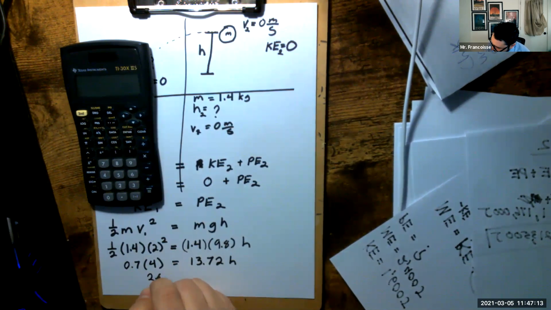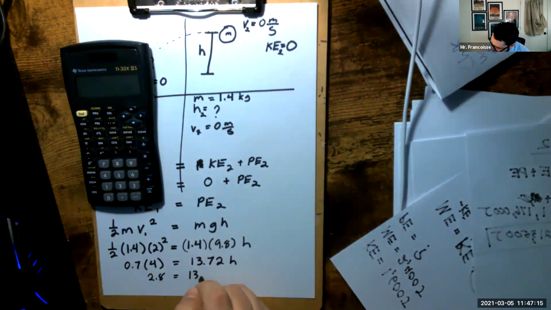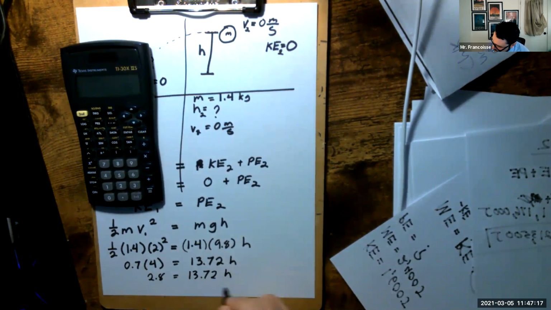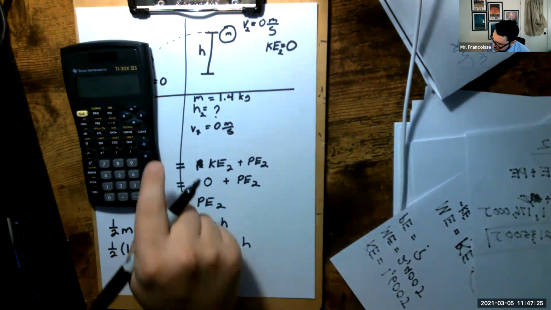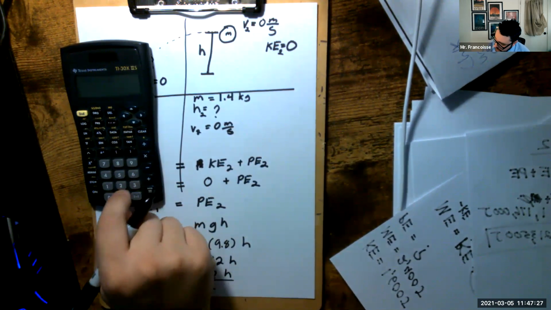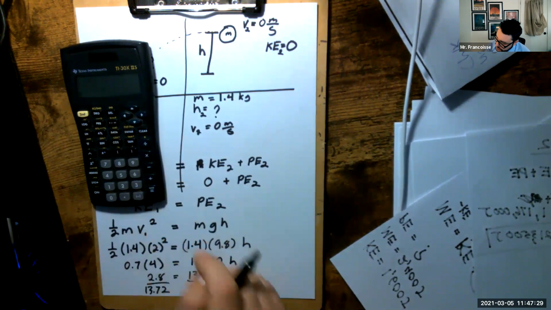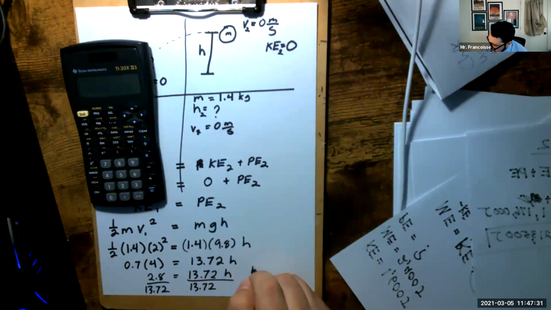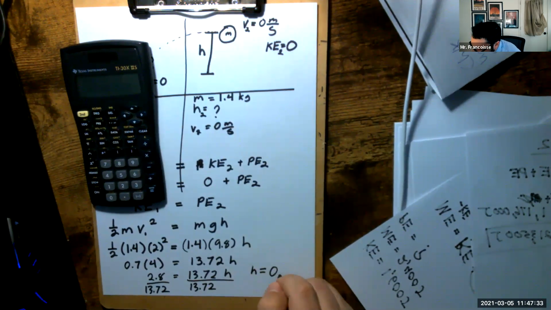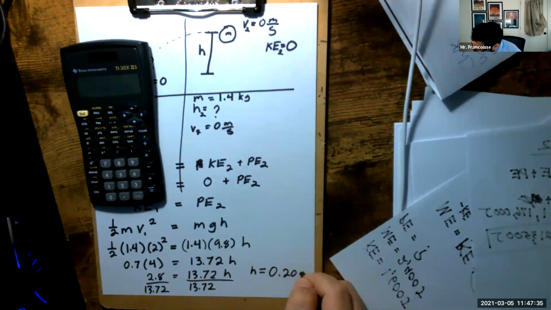So we get 0.8 equals 3.92 times height. And then we can divide both sides. So we're going to get something small. We'll get height is 0.20 meters.